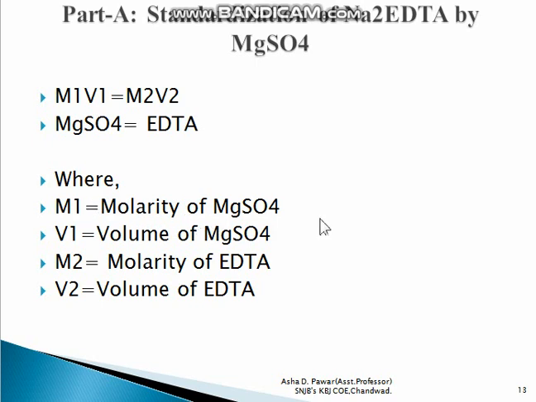M1 is known to you because it is a standard substance. We take a known volume of MgSO4 or ZnSO4. V2 is the burette reading, and from M1, V1 and V2 we easily calculate M2, that is the exact concentration of EDTA used for the hardness estimation in part B. So M2 is required for the determination of total hardness.